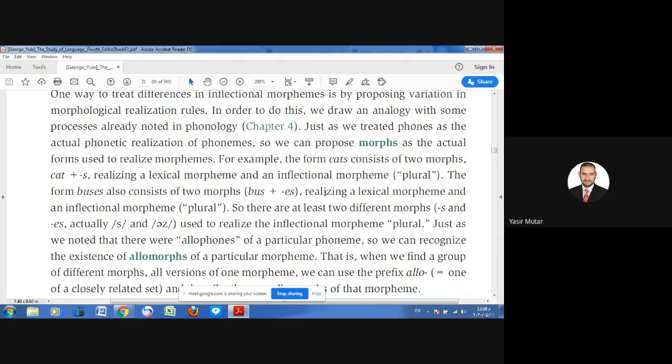For example, the verb write or speak, or the verb cut.